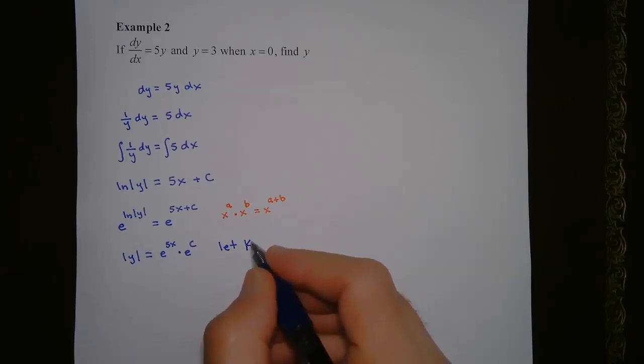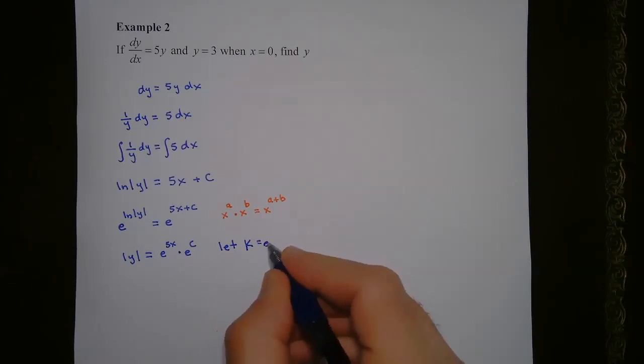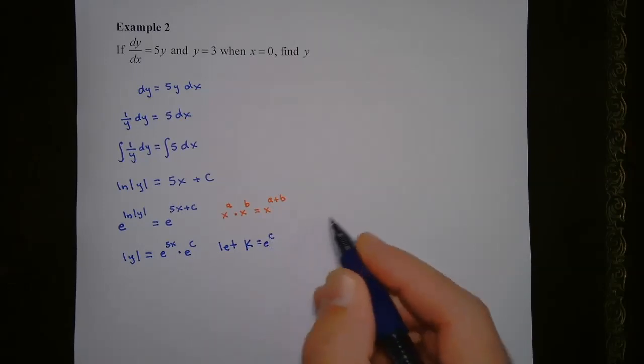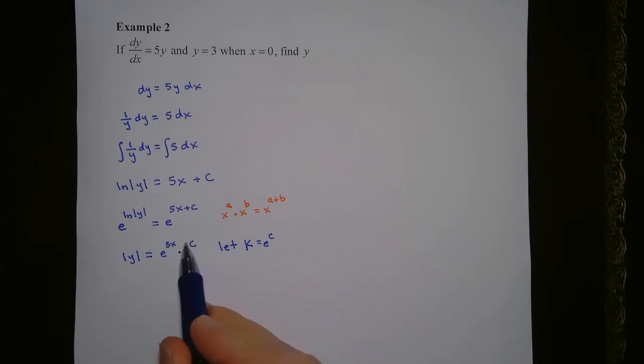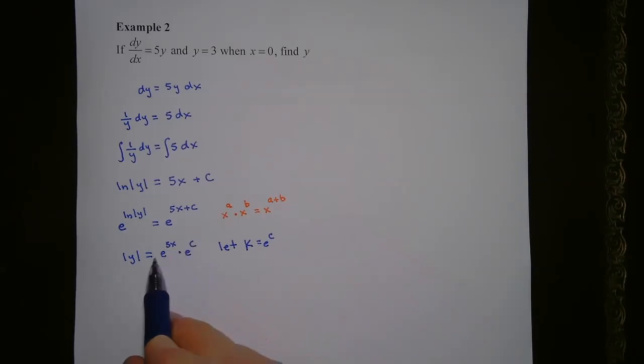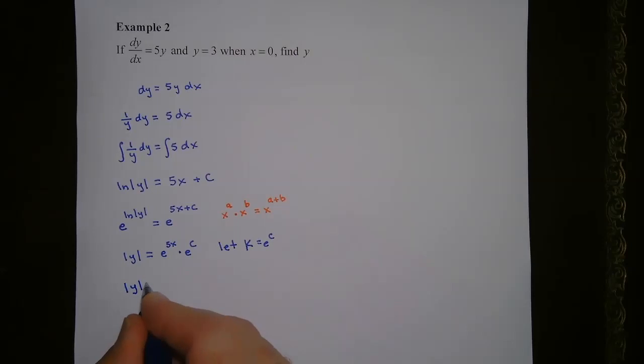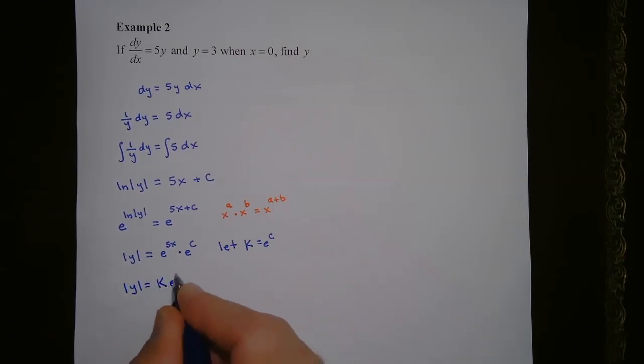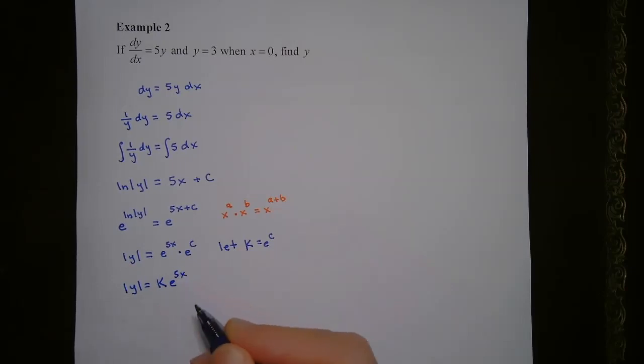But let k equal e to the c. So I'm going to replace this with k. And so I'm multiplying e to the 5x times k. I'm actually going to put the k on the front of it, okay? So this becomes the absolute value of y is equal to k e to the 5x. This is going to make it a little bit simpler, okay?